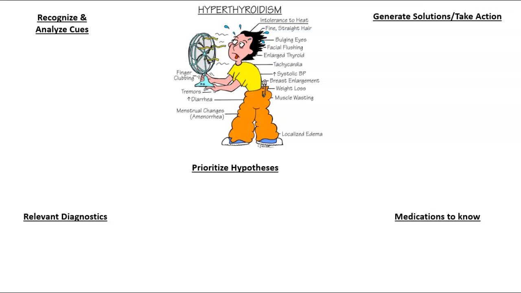In general, people with hyperthyroidism and thyrotoxicosis, which is the clinical manifestations of too much thyroid hormone, have signs of increased metabolism. So what are those? Those are increased heart rate, increased temperature, increased blood pressure. They may be agitated, with increased respiratory rate and emotional lability.